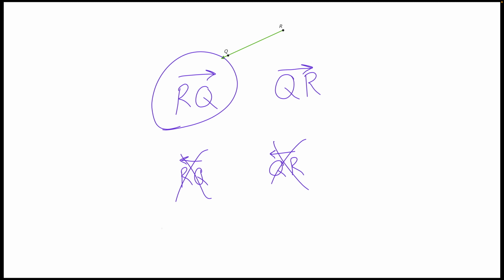And then this top right answer is incorrect because it's going the wrong way, meaning you should always be starting with the point. So you start with the point, which is R, and then the arrow is on Q basically, right? And so this one says I started at point Q and the arrow is on R, and that's incorrect, right? So this is incorrect.